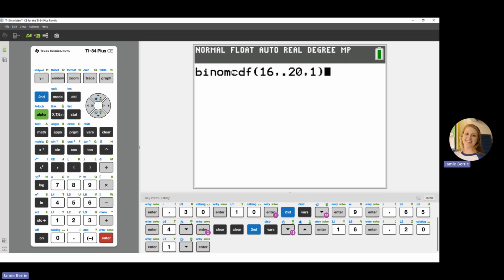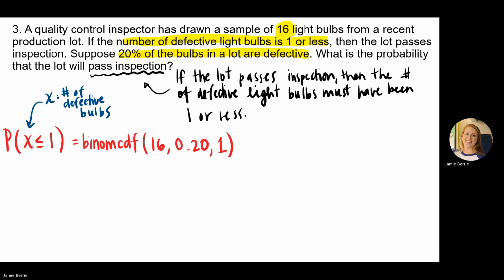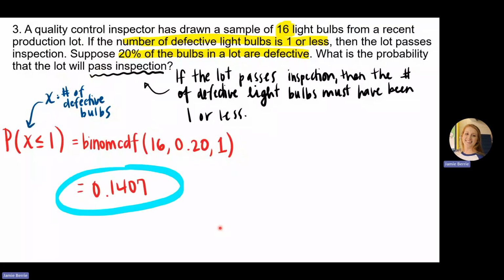So CDF 16, 0.20, 1, everything looks good. Hit enter, and there's our probability, 0.1407. So that's about a 14% chance that the lot passes inspection.